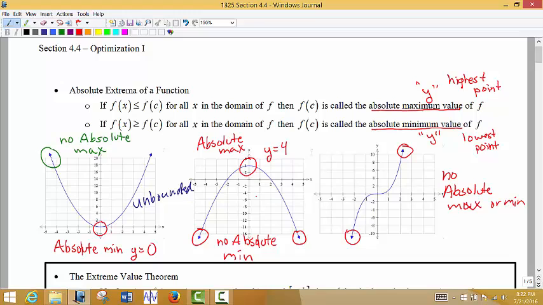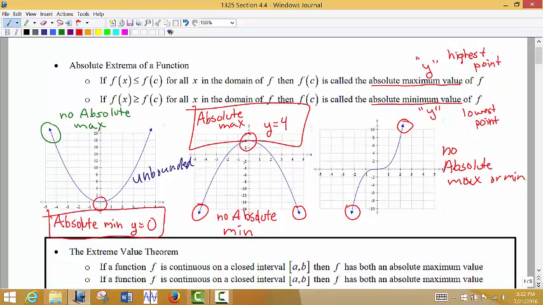If we have an unbounded region, the graphs are not guaranteed to have an absolute max or an absolute min. Now, does that mean that they never have an absolute max or an absolute minimum? We've just identified that that is not the case. Sometimes they might have an absolute minimum, sometimes they might have an absolute maximum, but the key here is that we are not guaranteed to have an absolute max or an absolute min. So it could be that we have neither.